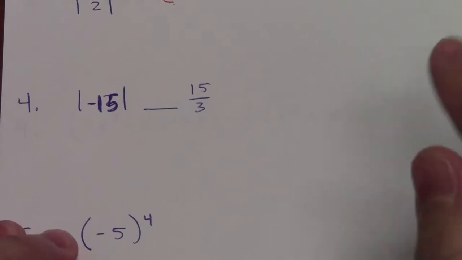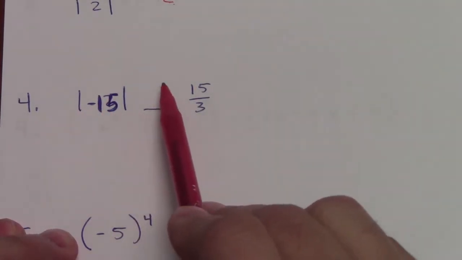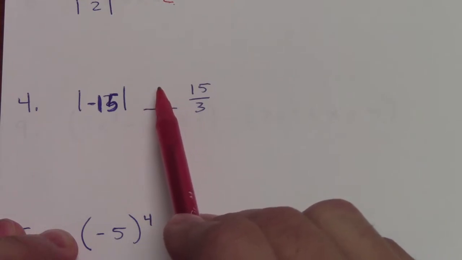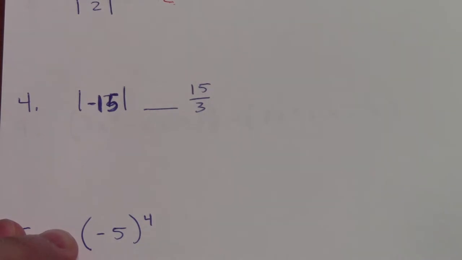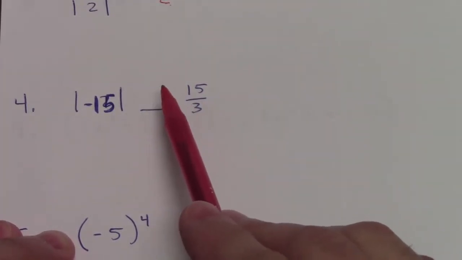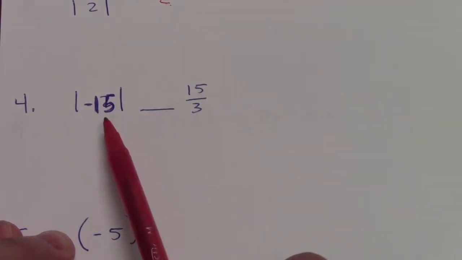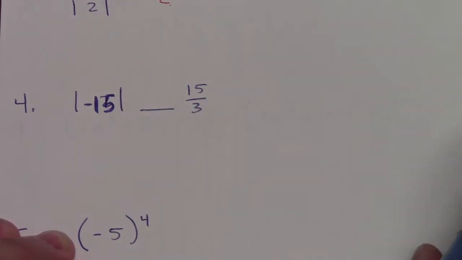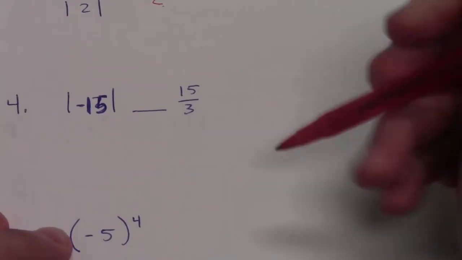Let's try this one. Absolute value of -15. They're going to want to know if it is greater than, equal to, or less than, so we have to put in one of the arrows, either a less than or greater than sign. But like I said, the first thing we do is rewrite the problem in the simplified, or broken down, version.